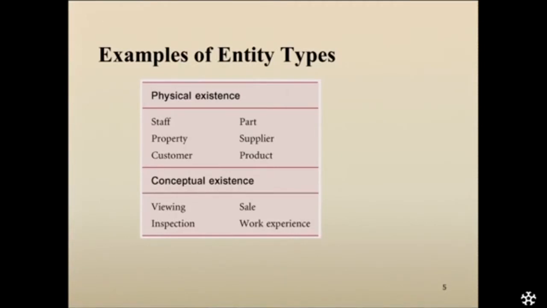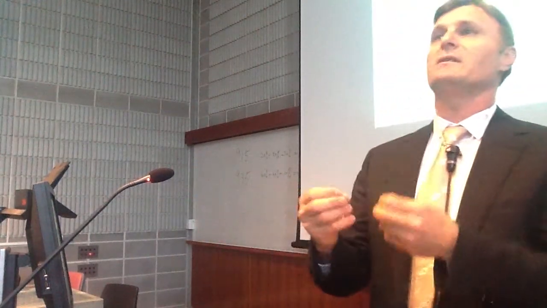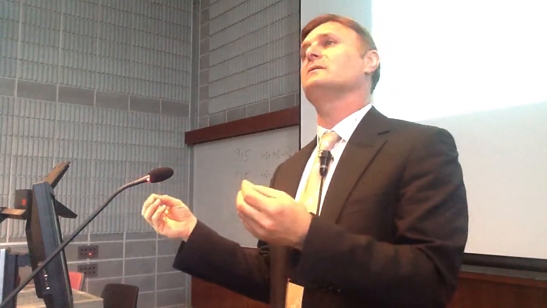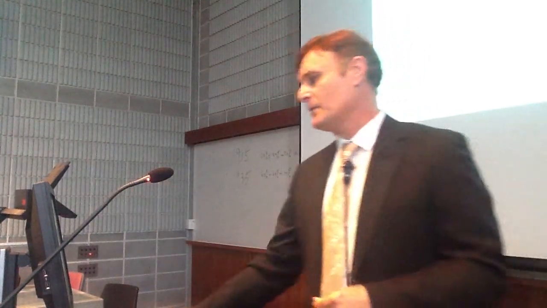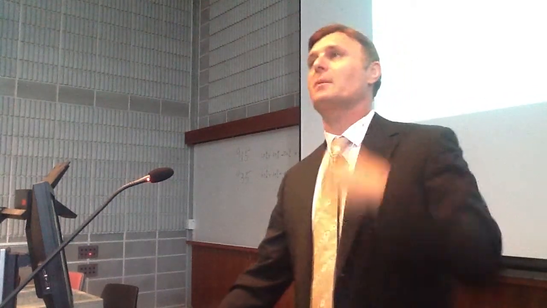So if you have a real estate agency and you store the details about your customers, properties that you've got for rent, properties that you've got for sale, and then on weekends you've got open inspections and customers coming through, and you want to store the details of every customer that came through and the comments they made, you can store it in an entity called viewing. In a table inspection, you could put in the time and date of each inspection for each property. So the entities could be something physical that you can touch or something conceptual.